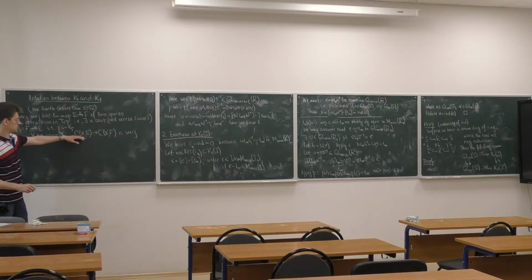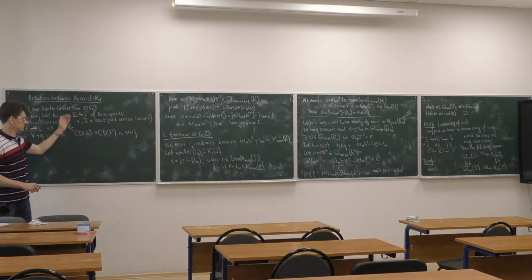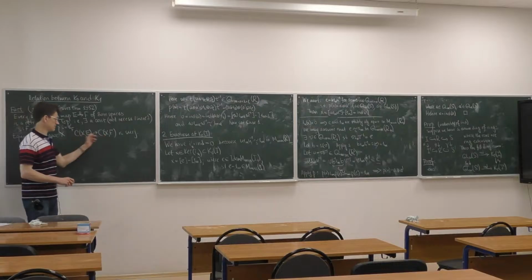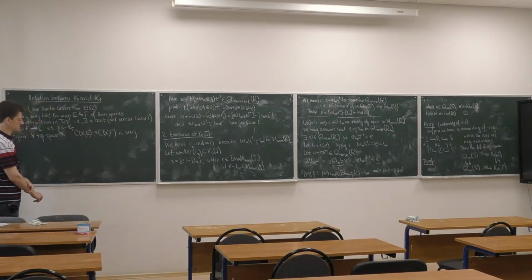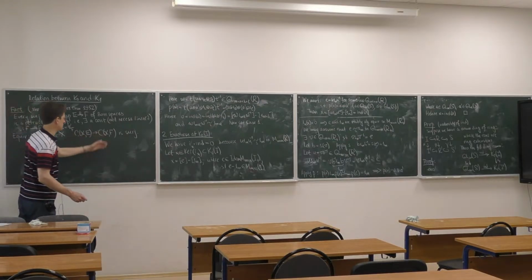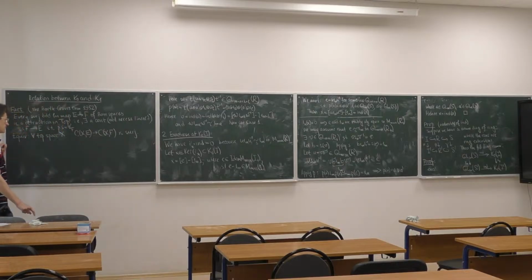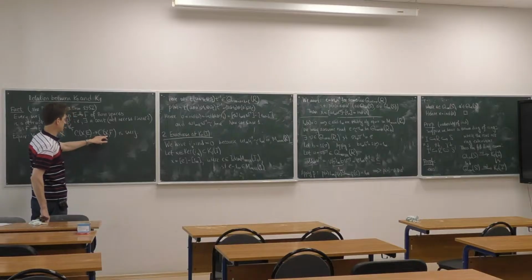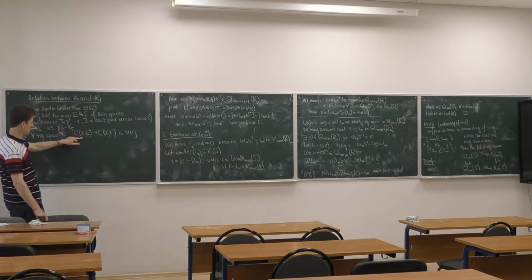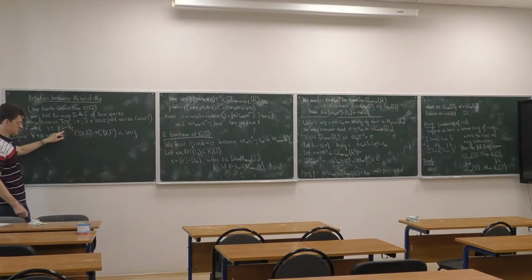This is equivalent to the existence of S, because if S exists, then this is a retraction of topological spaces, and of course every functor, including this one, takes retractions to retractions. So it is a retraction of sets, that is, a surjective map of sets. And conversely, if it is surjective, then we just let X equal F, take the identity map of F in here, and find a section S satisfying this property.